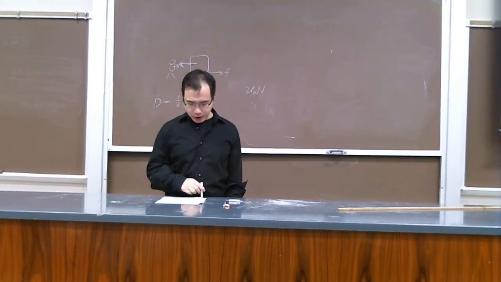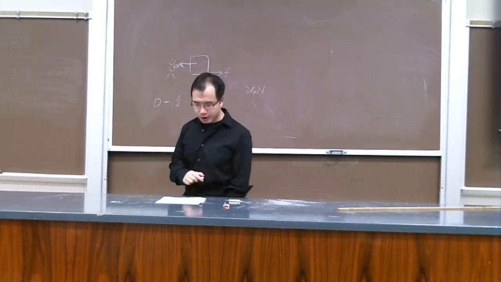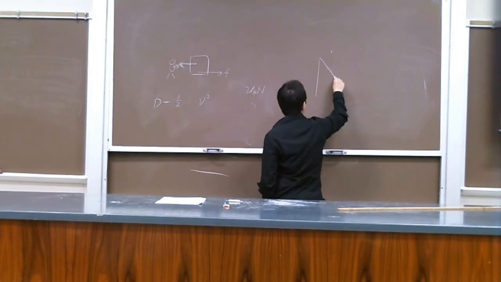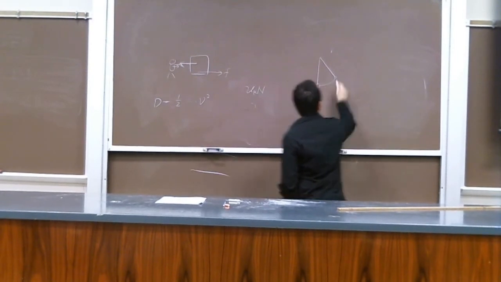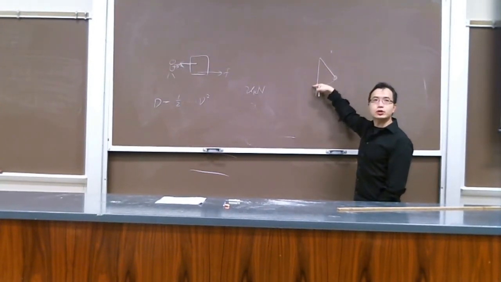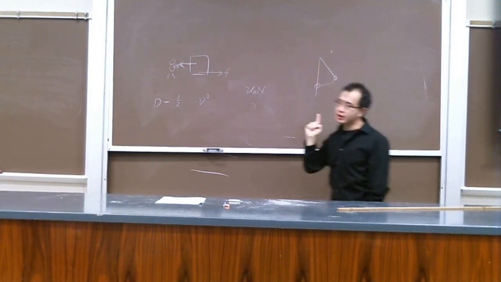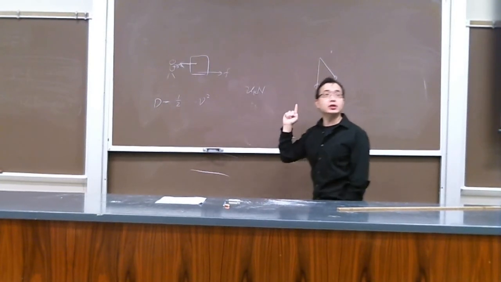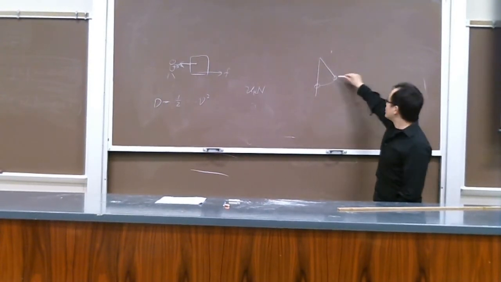Finally, question 5: a simple pendulum is released from an angle of 30 degrees to the vertical. During the motion from the release point to the lowest point, which of the following statements is not true? If you release the pendulum from 30 degrees to the lowest point, the first thing I think most of you would agree is that A, the speed increases, is correct.